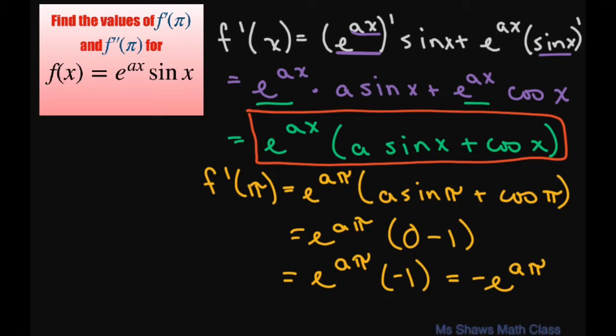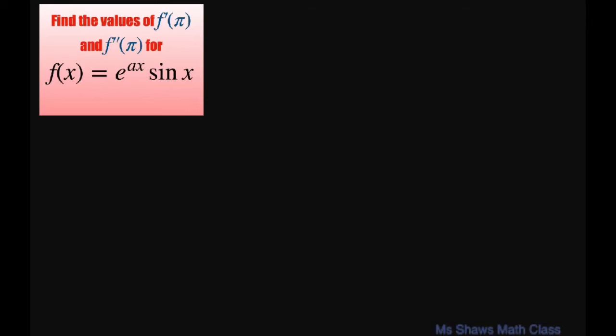So let's do that. We have f prime of x was e to the power of ax times a sine of x plus cosine of x.